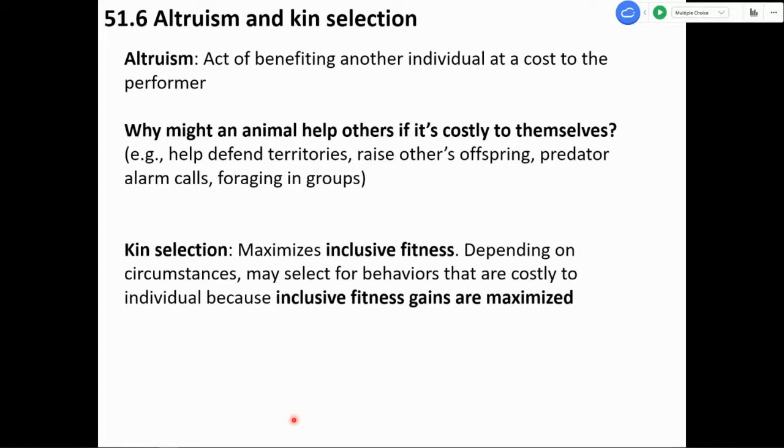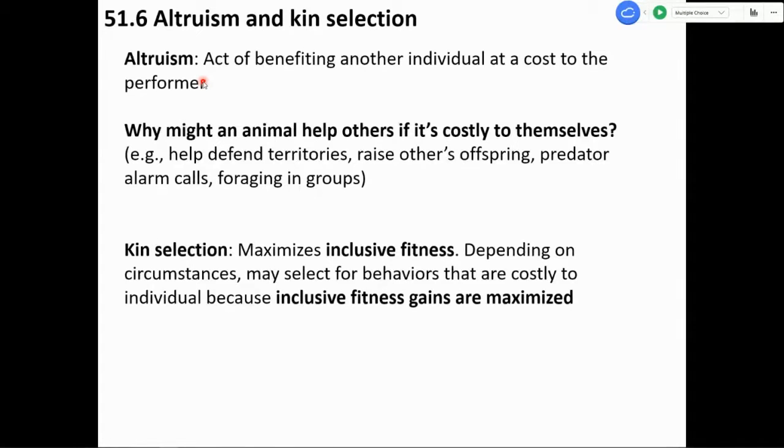Okay. So we've talked about reproductive behavior and trying to maximize your reproductive output and fitness, basically. One of the queries that has often arisen with this is this act of altruism. So altruism is an act of benefiting another individual at a cost to yourself.